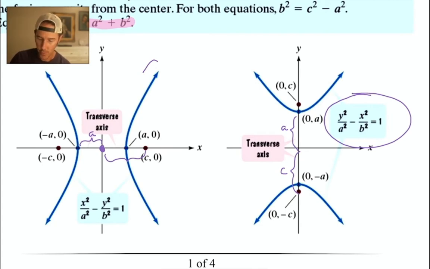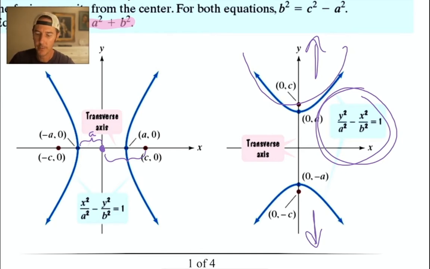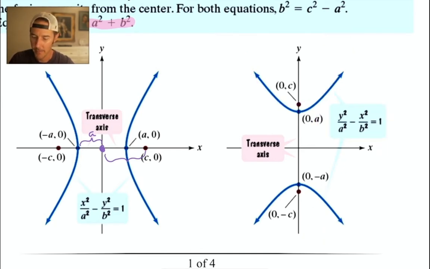This equation on the right leads with a y squared, and it's concave in the vertical up and down direction. Maybe that will help us when it comes time to play a matching game or something like that.